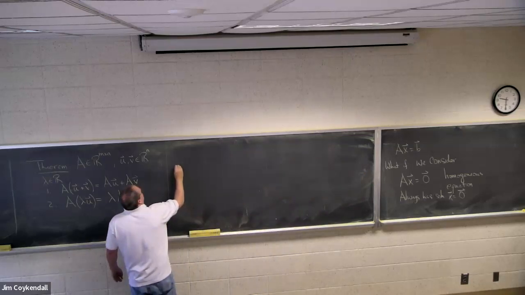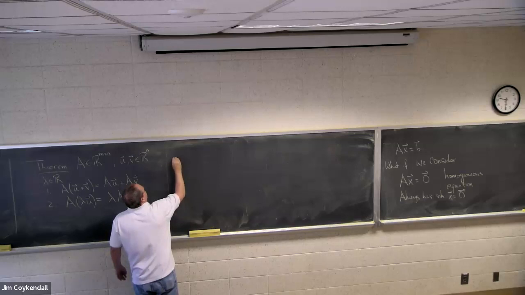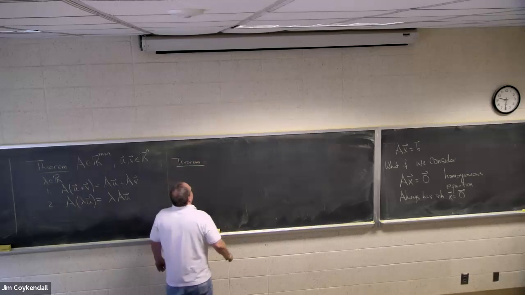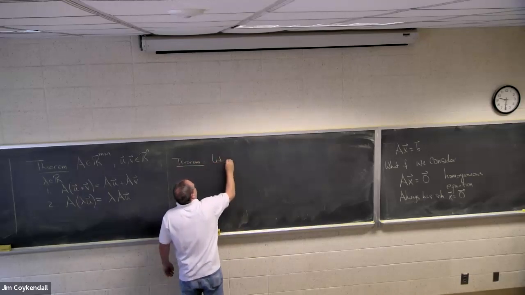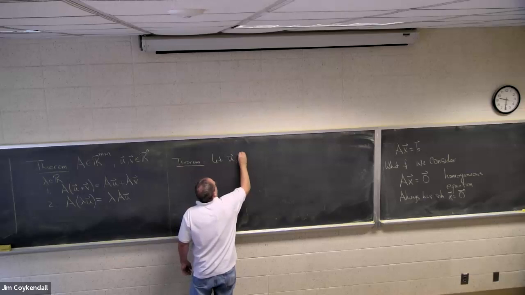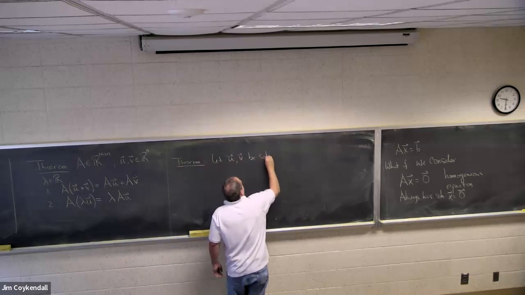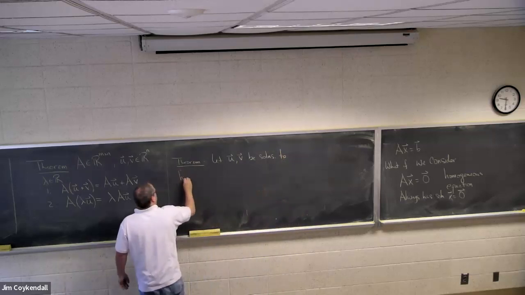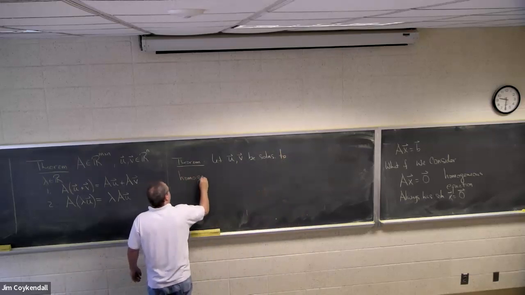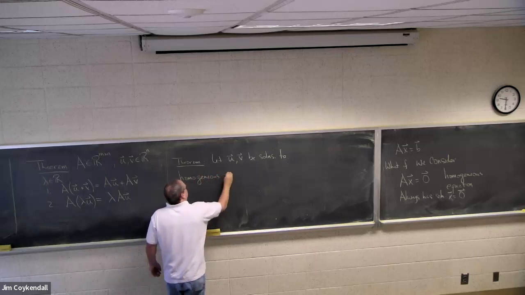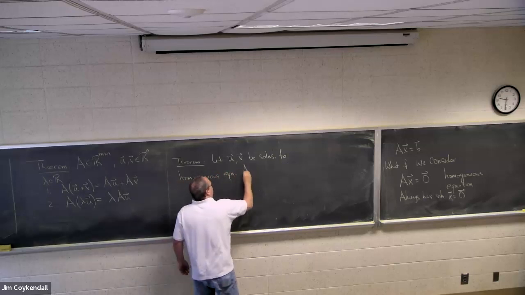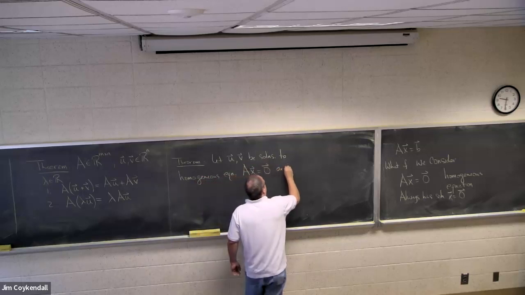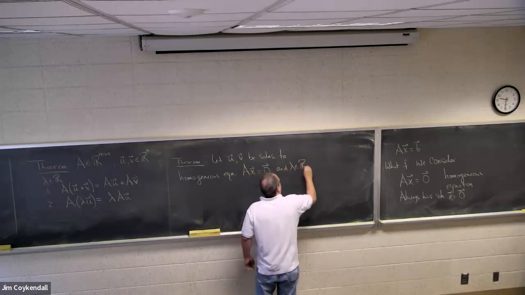Here, let U and V be solutions to the homogeneous equation AX equals 0.